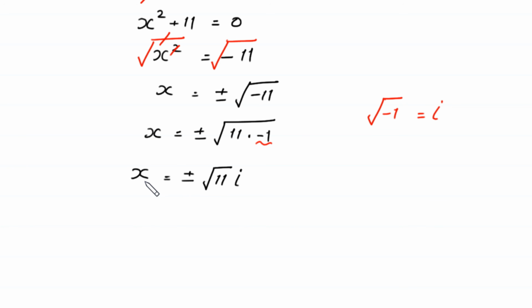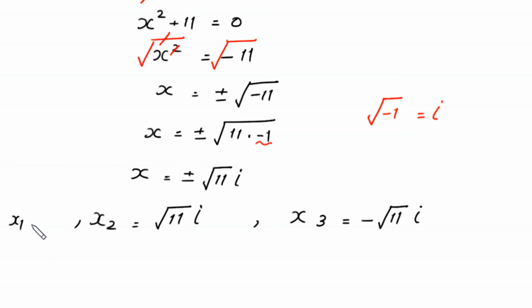So from here we get other two values of x. x2 is equal to positive square root of 11 times i, and x3 is equal to negative square root of 11 times i, and we first found the value of x1 is equal to 0. So these are the three solutions of this equation.